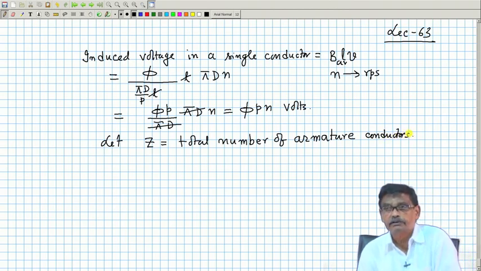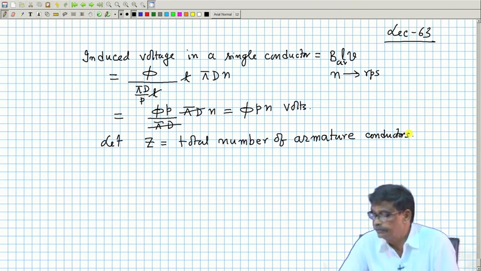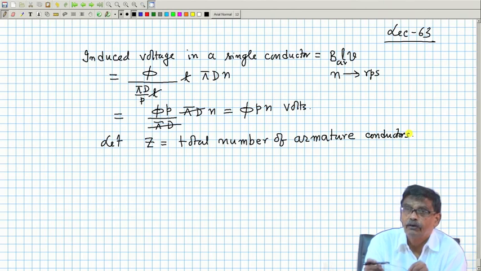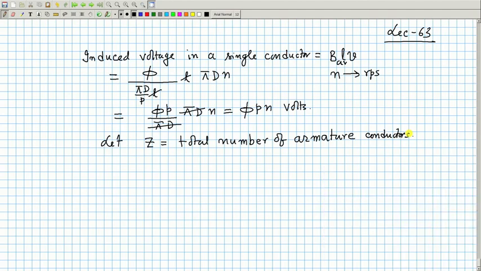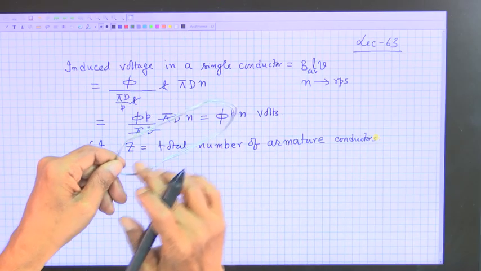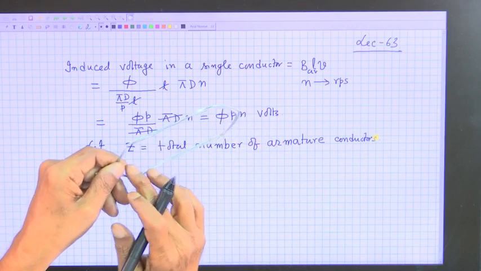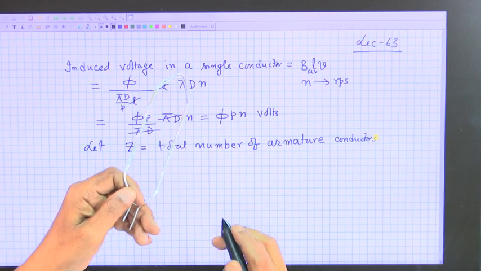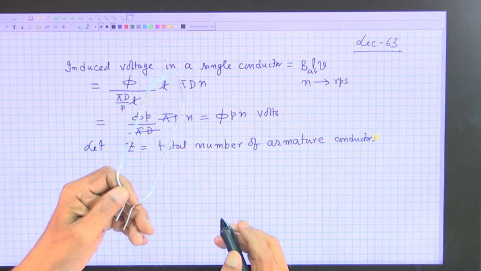Total number of armature conductors. What do I mean by that? Armature has a coil like this, which may be a multi-turn coil. In each slot, how many coil sides will be there? 2 coil sides.